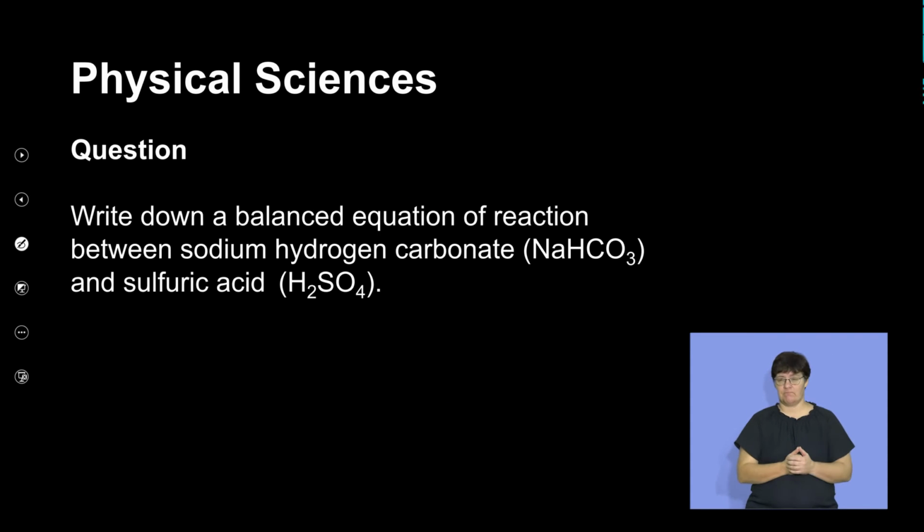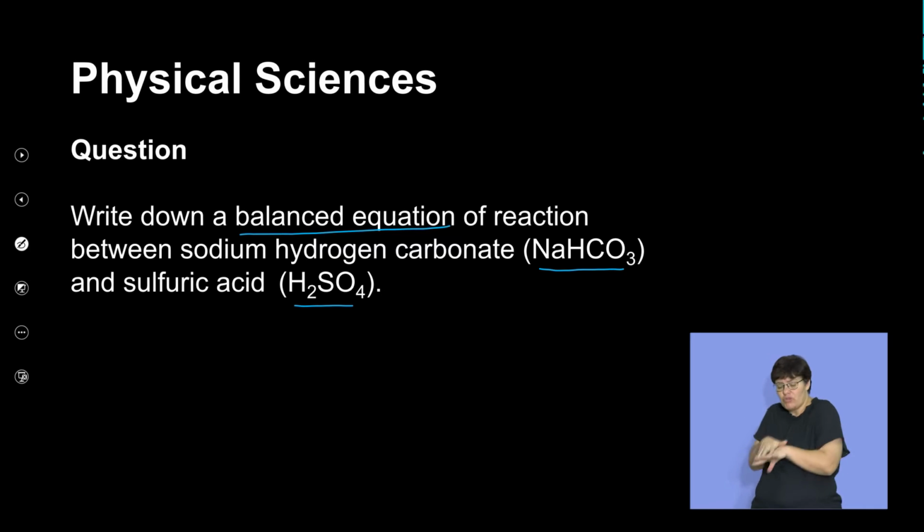Okay, now we move on to a different question that has to do with types of reactions, right? It says, write down a balanced equation of reaction between sodium hydrogen carbonate, the formula is given, okay, and sulfuric acid, also the formula is given. So the key thing here, we need to understand what type of reaction this is.